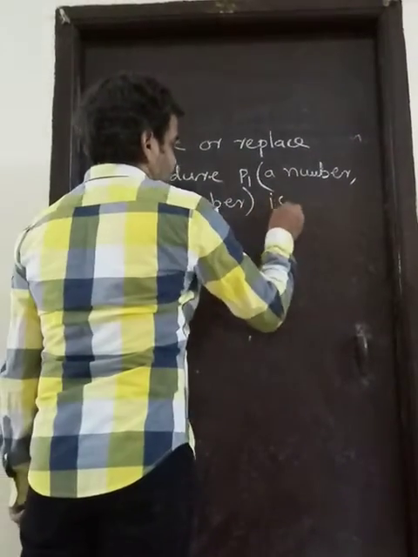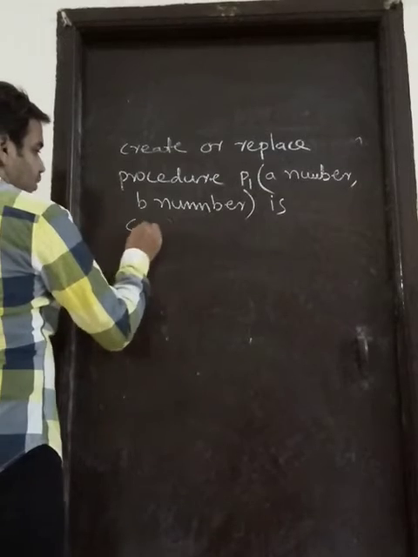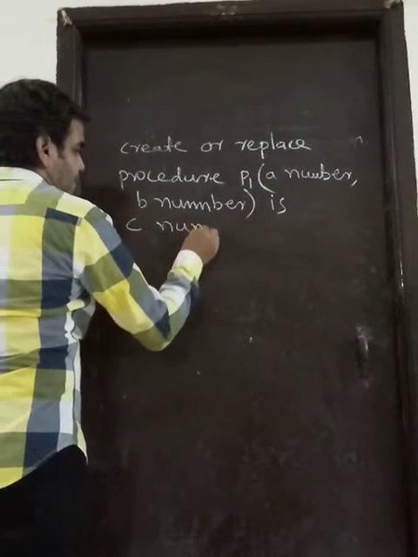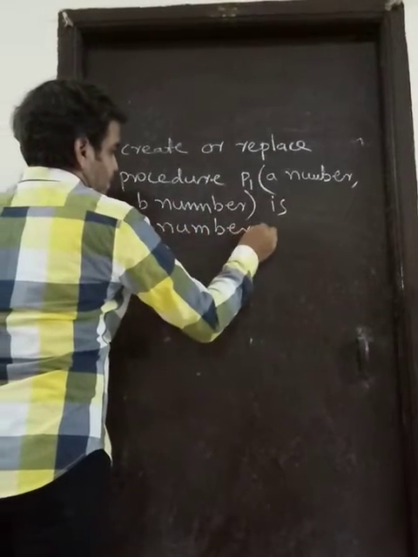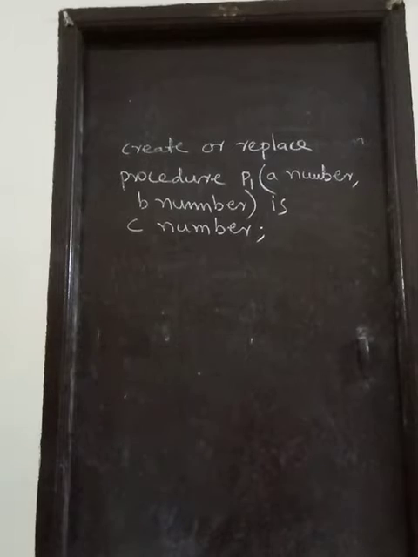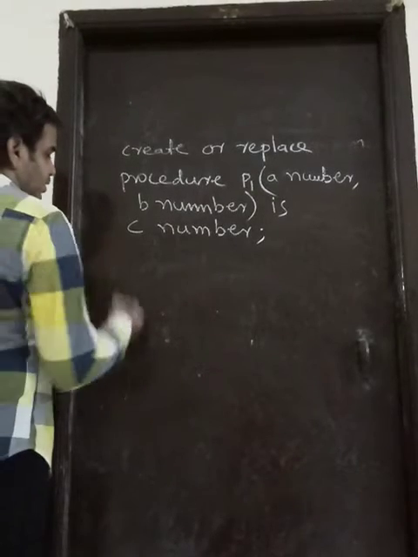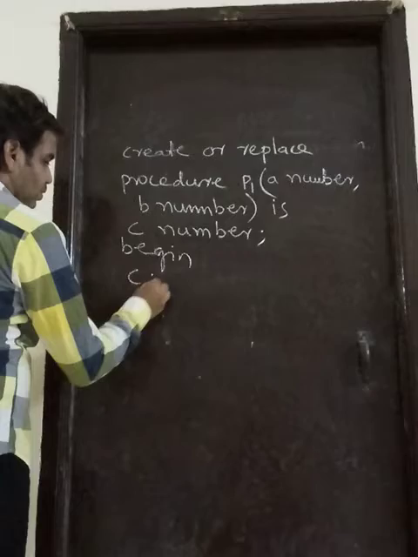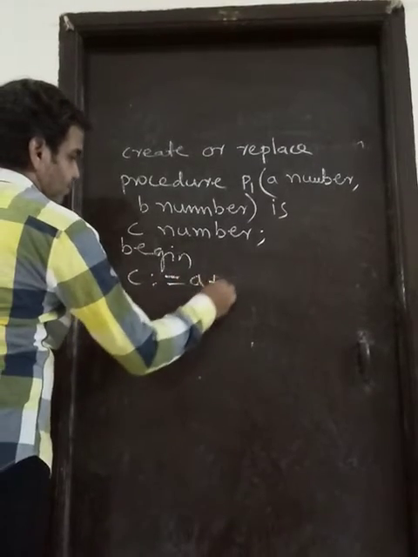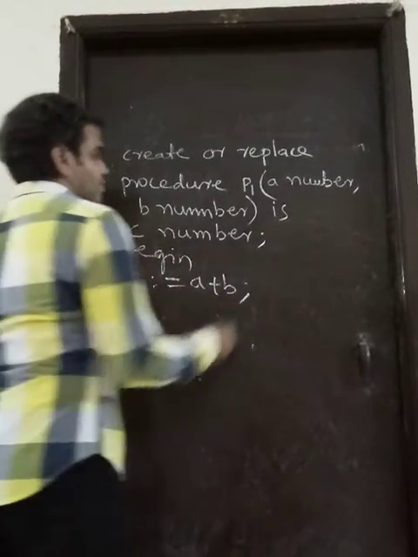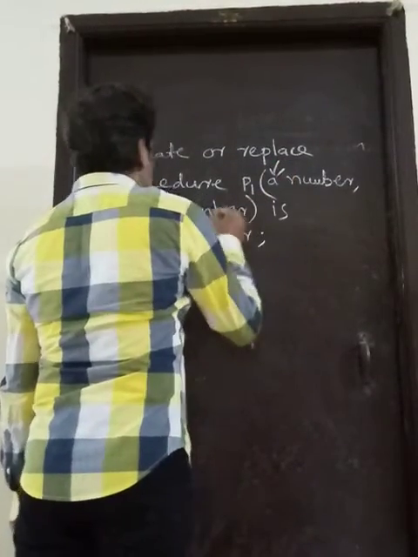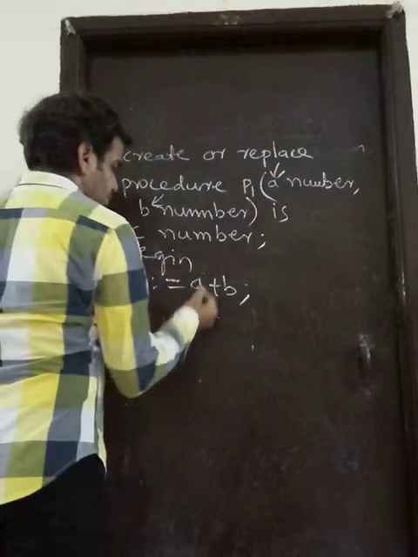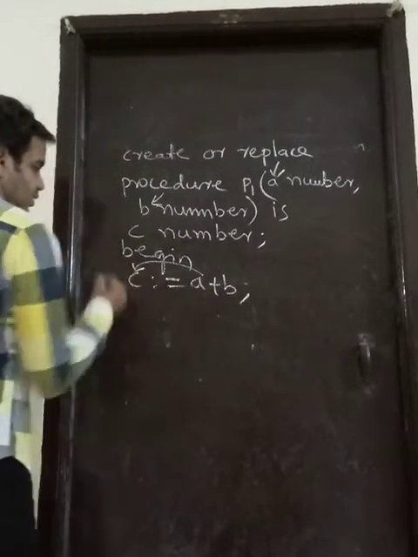Is, I am taking another variable C number, then semicolon. Okay, so there is no declaration part, direct to begin. C is equal to A plus B, whatever variables I am passing. Okay, so those variables we are adding, we are assigning into C, that is the sum.